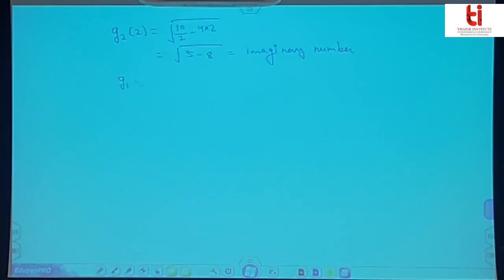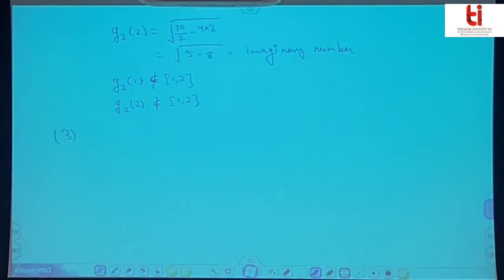So g2(1) doesn't belong to the interval 1 to 2, and g2(2) is also not belonging to the interval 1 to 2, it is an imaginary number. So we can say that the condition is not satisfied.